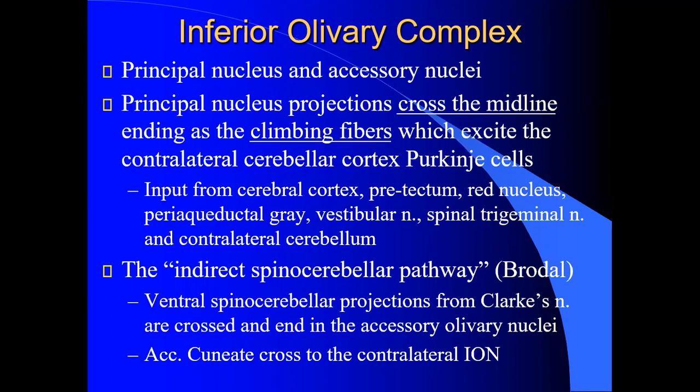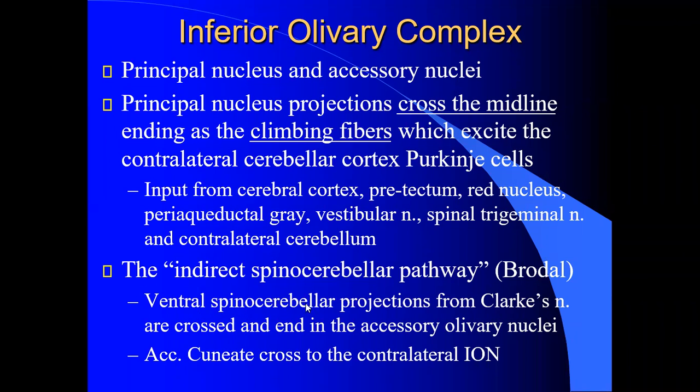That would be simple and clean if it were only that, but it gets worse because you have what Alf Brodal called the indirect spinocerebellar pathway. This is also romantically referred to as the double cross. This is the cerebellar double cross, because the ventral spinocerebellar projections from Clarke's nucleus are crossed in the spinal cord, like the spinothalamic tract.